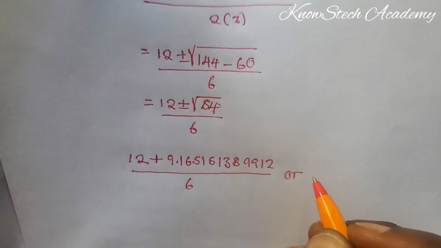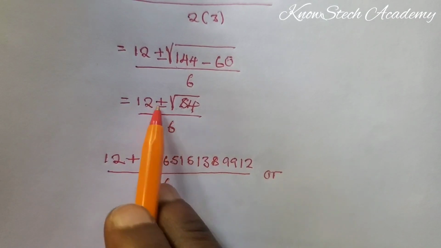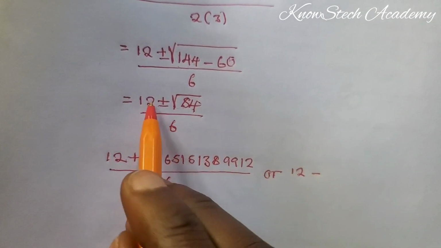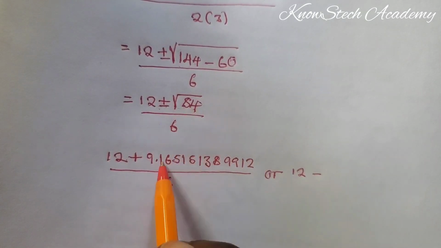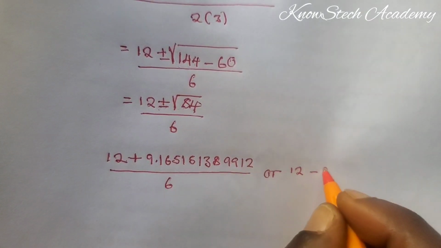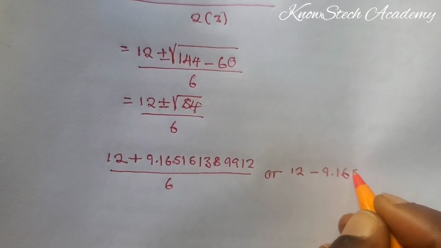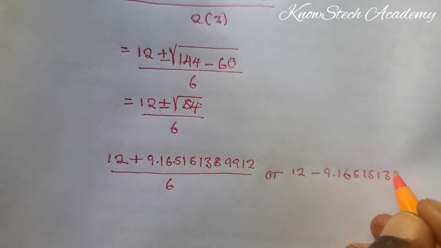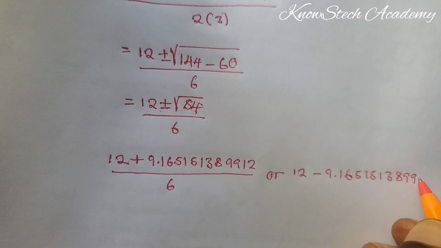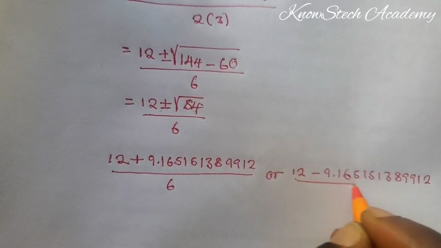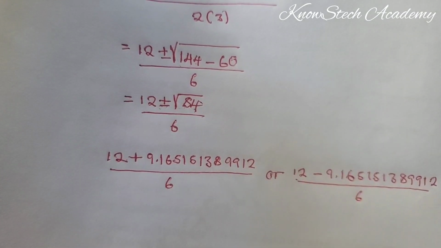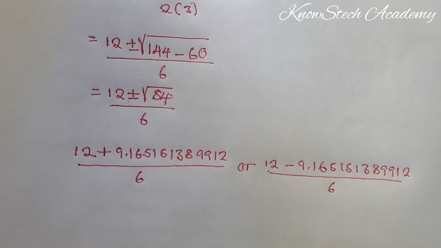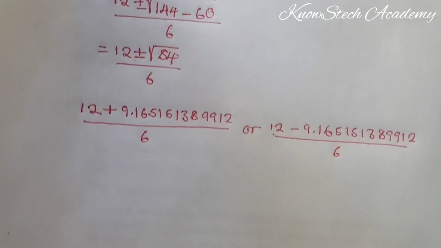Or since we have a plus or minus here, the same 12, in this case we're going to use a minus, this one which is down, minus the square root of 84, which is 9.16515138912 over 6. Okay, like this. Is it visible? Okay, over 6.